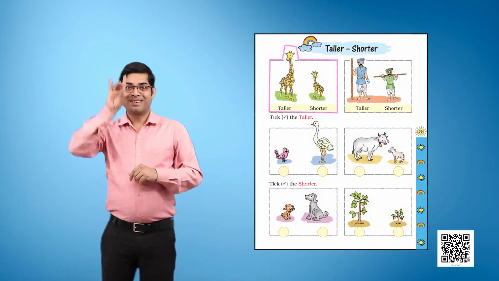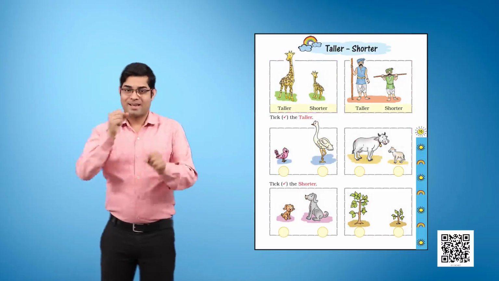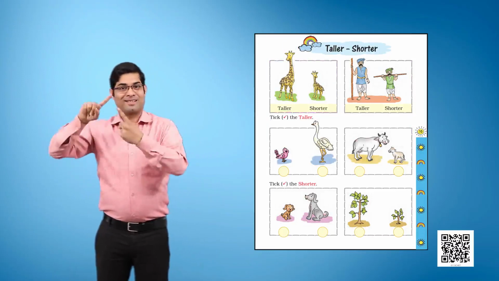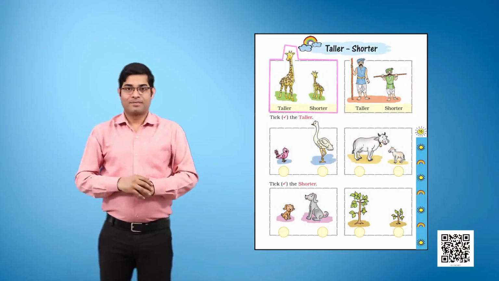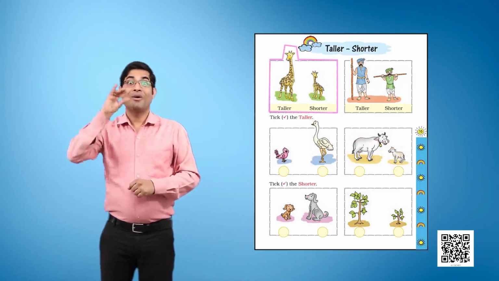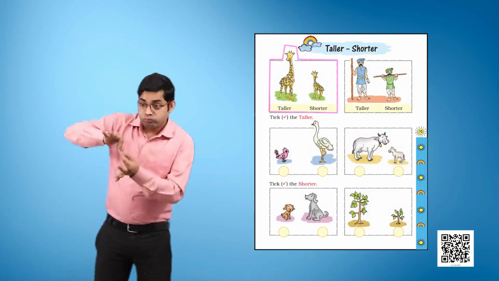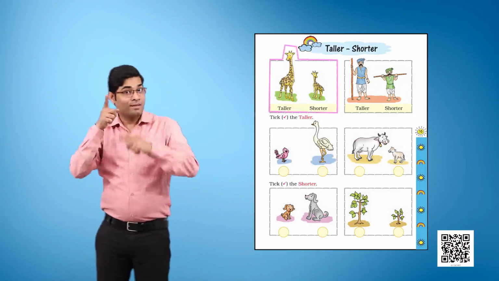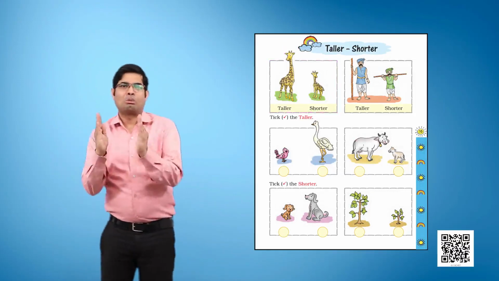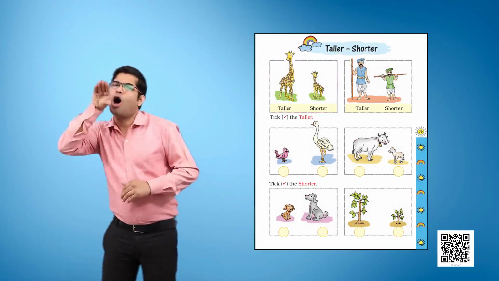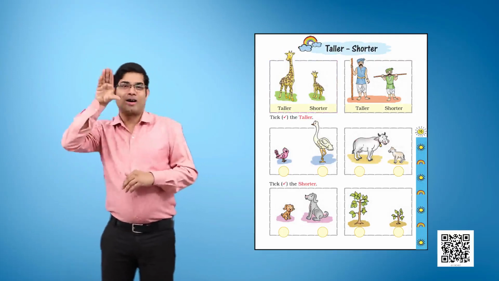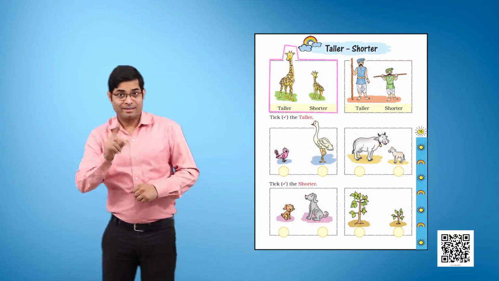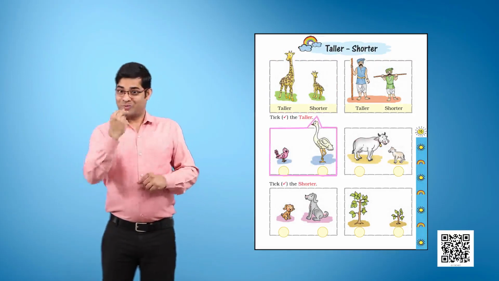Animal 1. Giraffe. The giraffe is an animal with a very long neck, 4 feet, and a short tail. Animal 2.